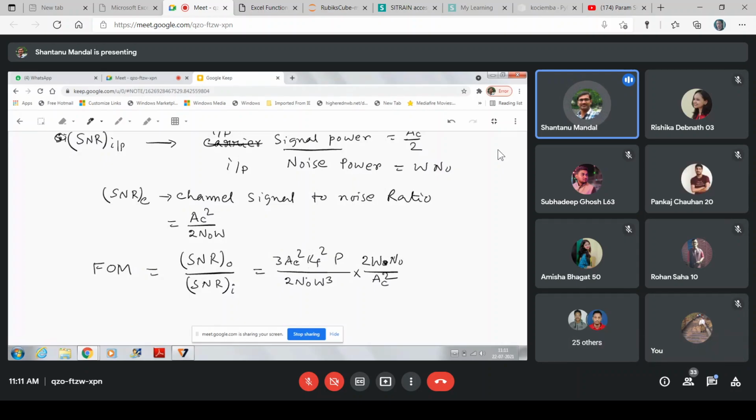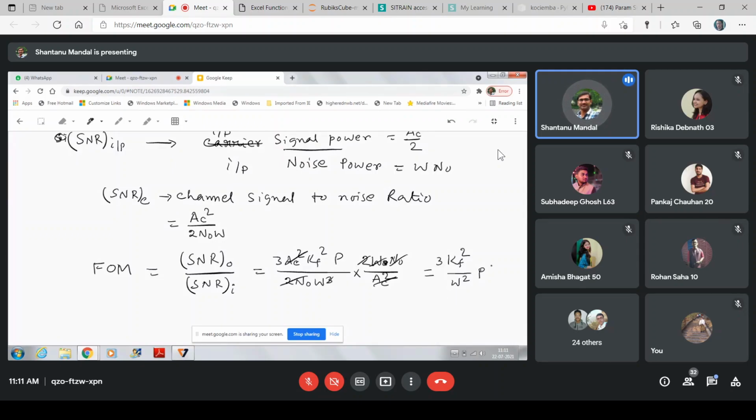So AC square cancels out, and 2 N0 cancels out. So the figure of merit is equal to 3 KF square by W square into P.